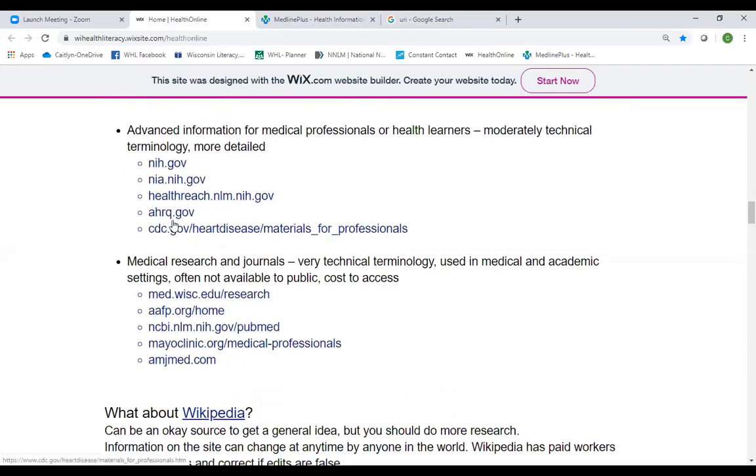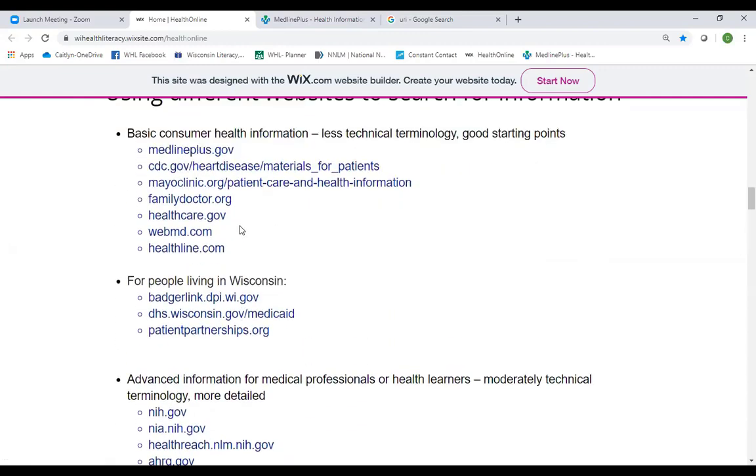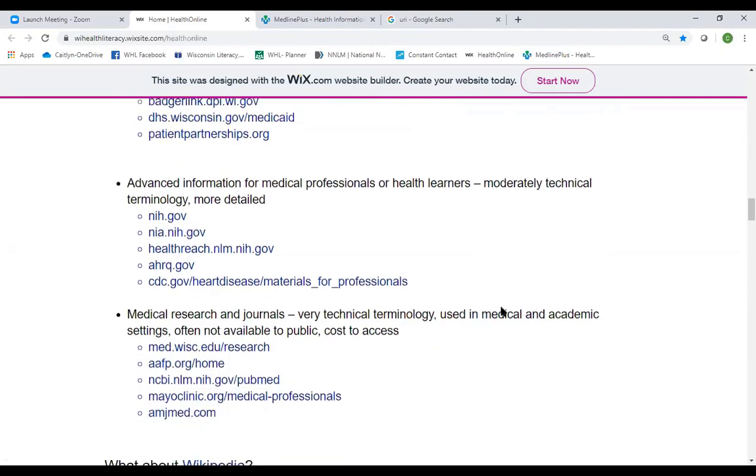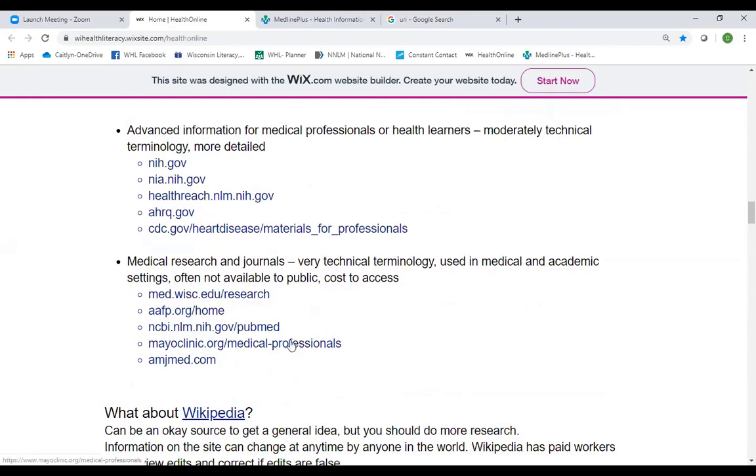We then talk about the differences in levels on websites. So this first one is here for basic consumer health information. And you just briefly touch on how there can be some more advanced resources online at these websites. Just pay attention when you're on these websites, if the terminology seems more technical, more medical, that it could be because it's for a different user and not for the everyday patient.